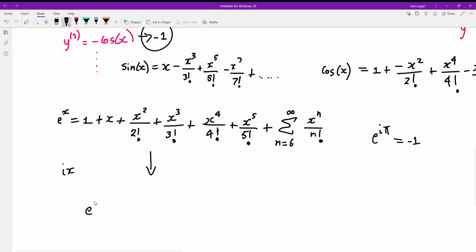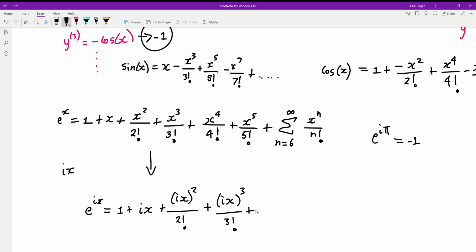So e to the ix is equivalent to 1 plus ix plus ix all squared over 2 factorial, plus ix cubed over 3 factorial, plus ix to the 4 over 4 factorial, and so on and so forth.